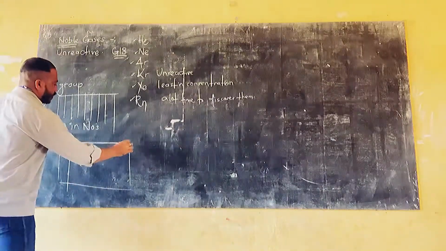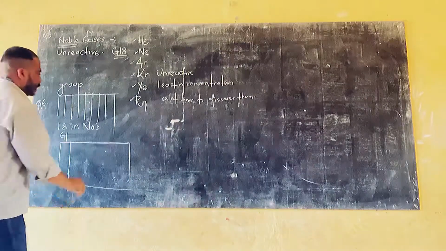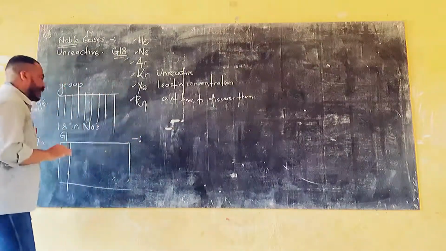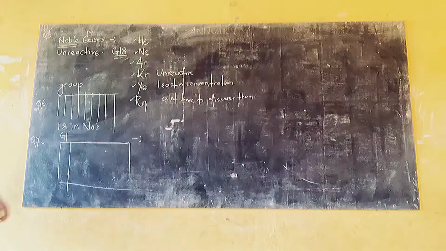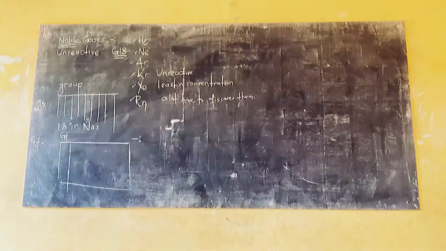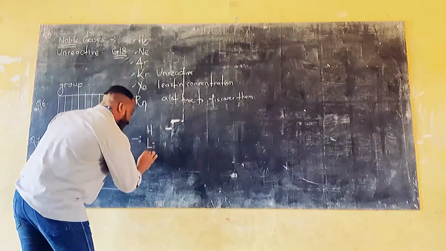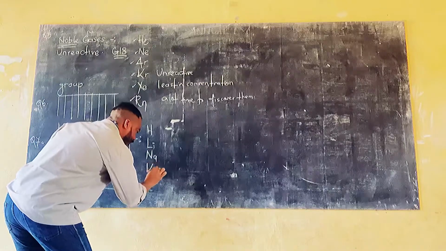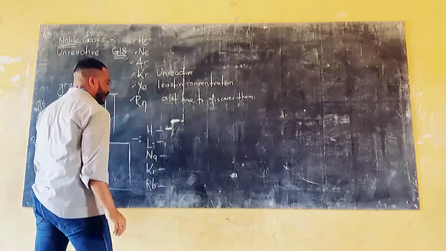It asks you to write down the properties of group 1. So these are some elements of group 1.